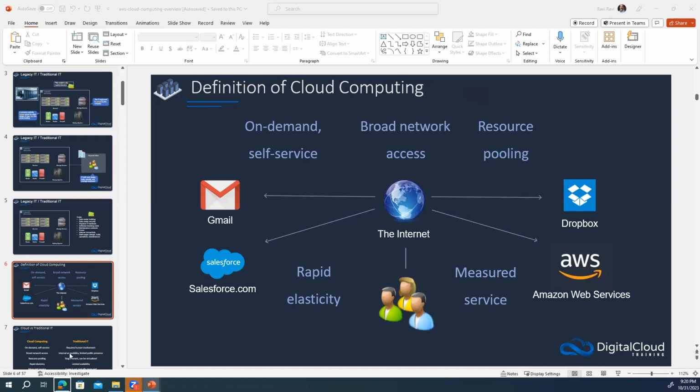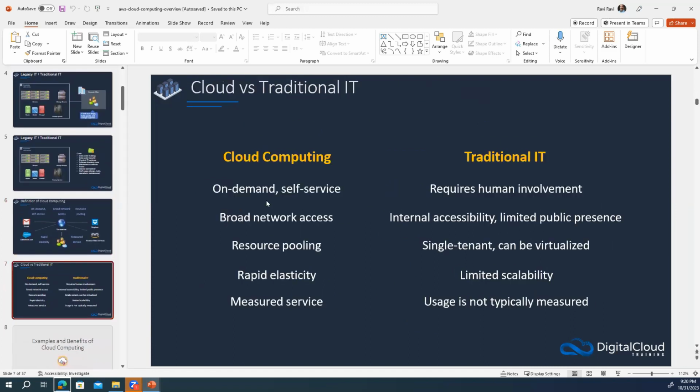If you want to see the differences between cloud computing and these things, the first is on-demand self-service. What is this on-demand? Can anybody tell me? On-demand is that you can request it whenever you need.